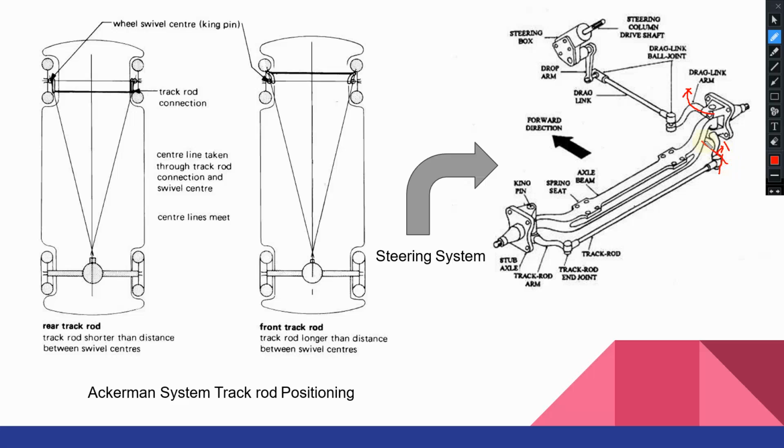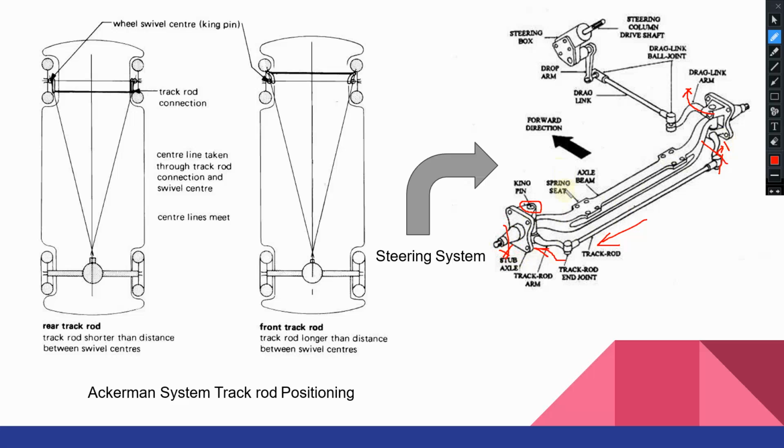Since all these components are joined by pin joints, the movement will be transmitted from the track rod and through the track rod arm to the second stub axle, and the stub axle will also be turning through the same angle. So it will be turning like this.